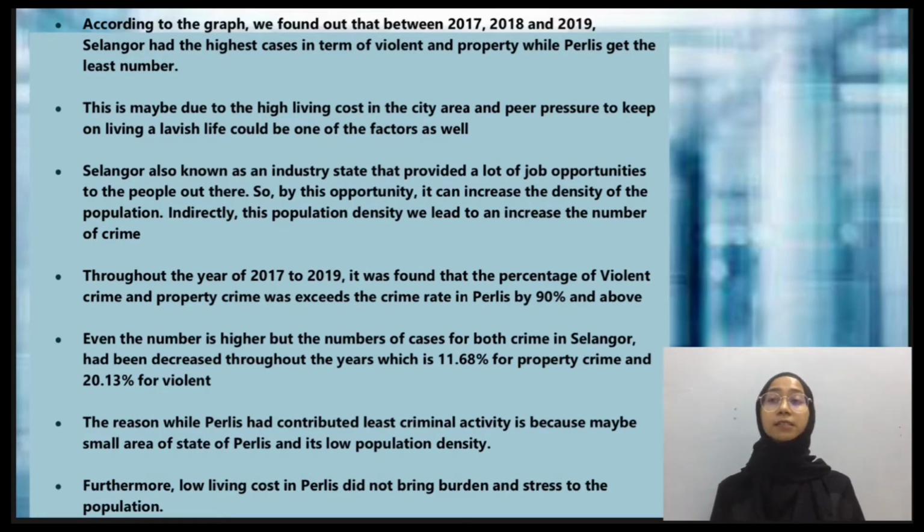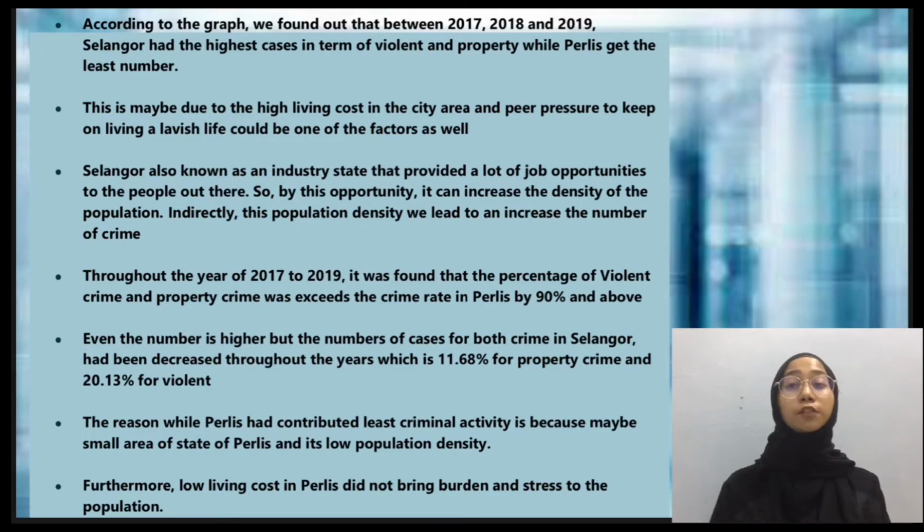Not just that, Selangor also has job opportunities. This opportunity can increase the density of the population, and indirectly this population density will lead to an increase in the number of crimes.